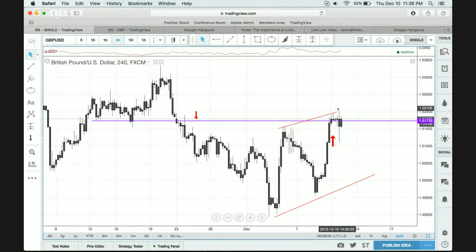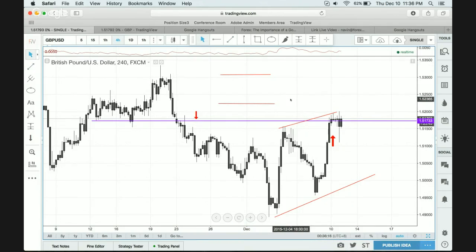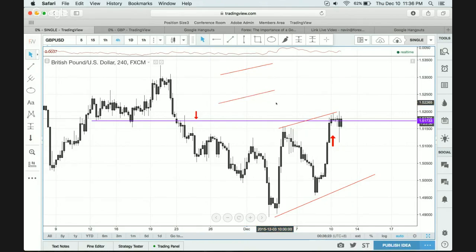Okay, let's simplify it. What's a range? Doesn't a range look like this? Right? Now let's take that range and tilt it. That's a channel. Now, in a range or a channel, how do you trade?